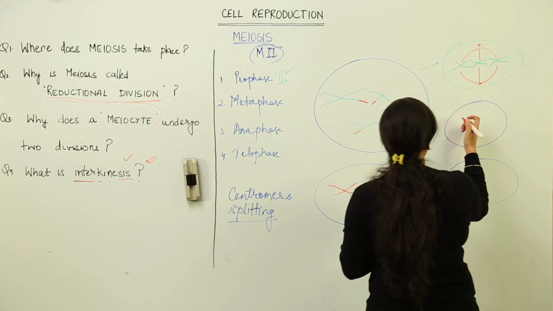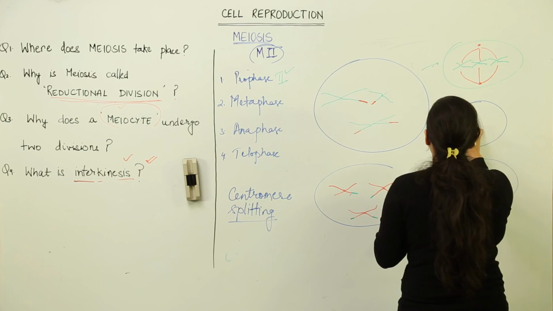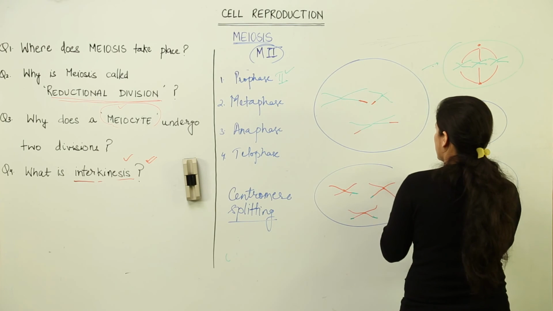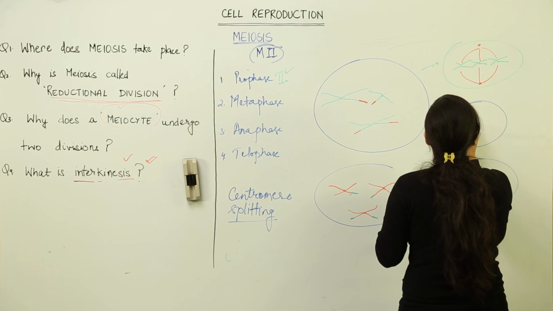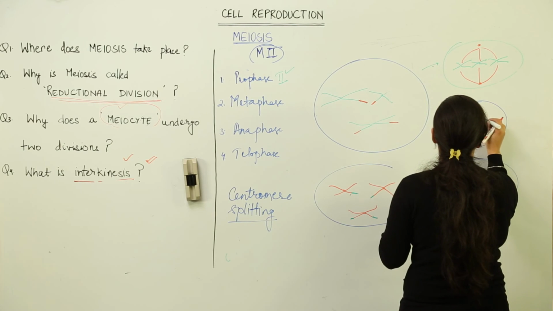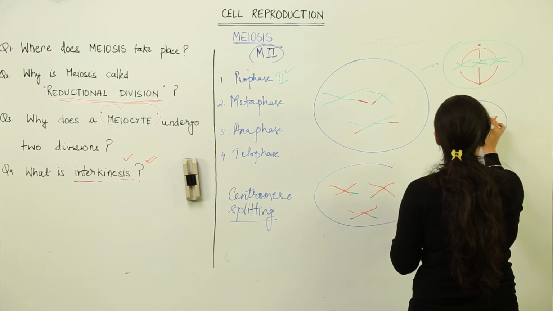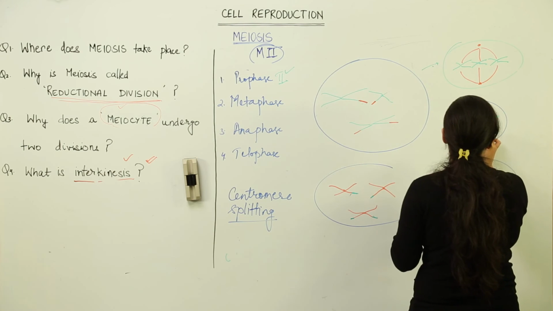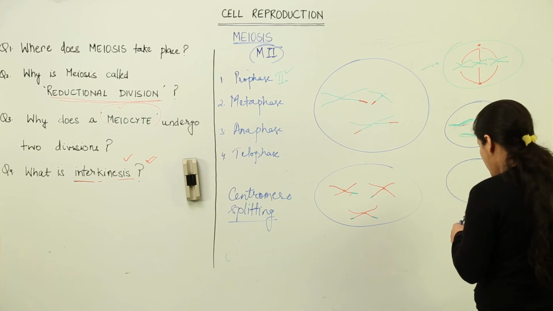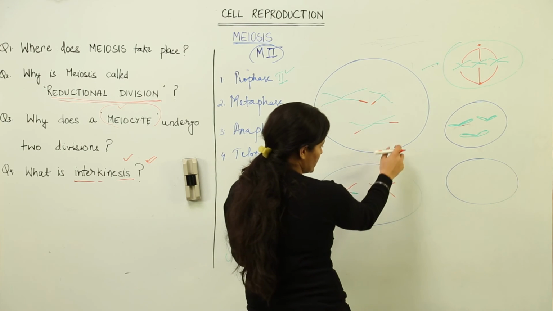Now here I am considering this one, the other is also green, and this. One cell would have half of it. One sister chromatid has gone over here, and in the other cell, don't consider this one, we are talking about this one only.